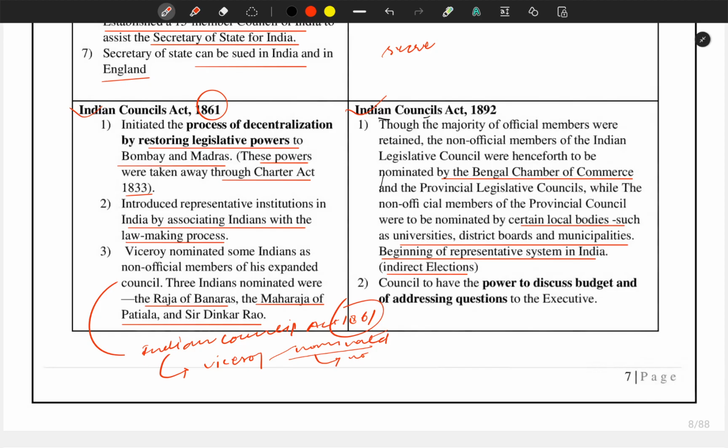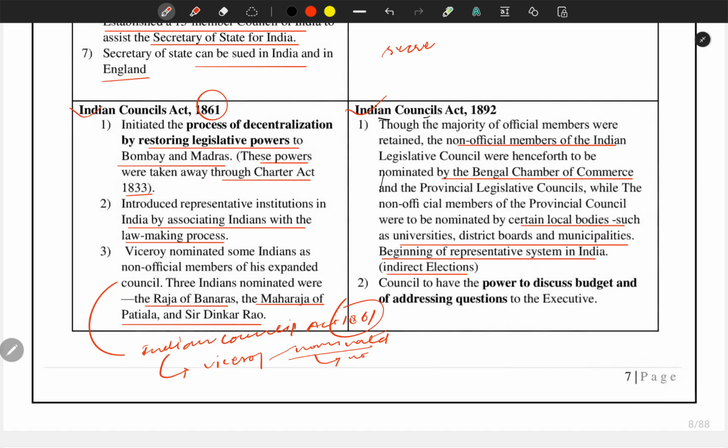Now the non-official members of the Indian Legislative Council were to be nominated by the Bengal Chamber of Commerce.